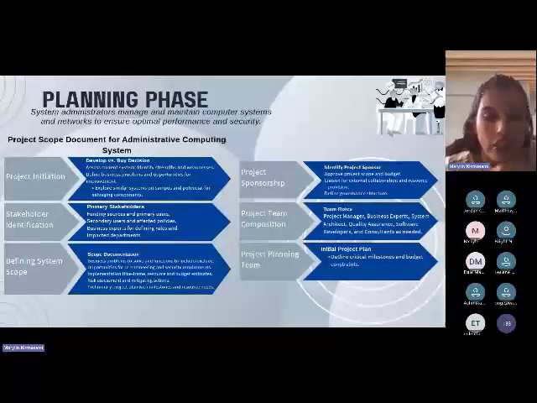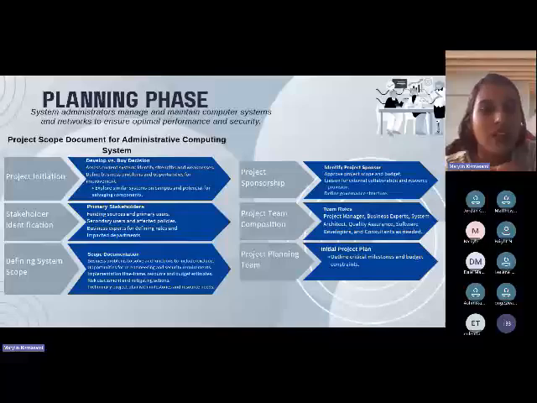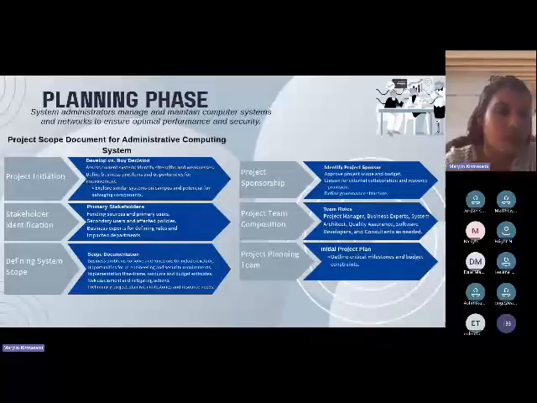This phase ensures clarity and alignment with organizational goals, and it provides you with a roadmap for successful implementation. Below are the key steps, the considerations that would guide you in your planning process.